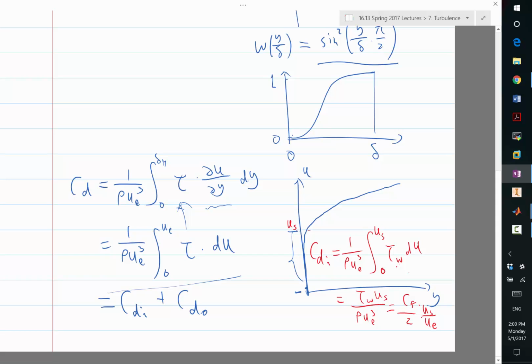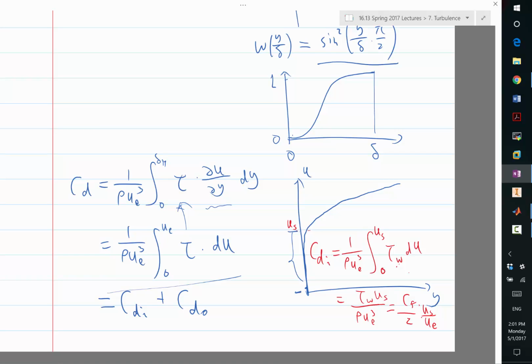Okay, and US divided by UE can also be estimated from the boundary layer profile, right? If we assume a certain boundary layer profile that is basically a stacking of an inner and outer layer, the location where the log layer starts to differ from the entire boundary layer profile is where US is.